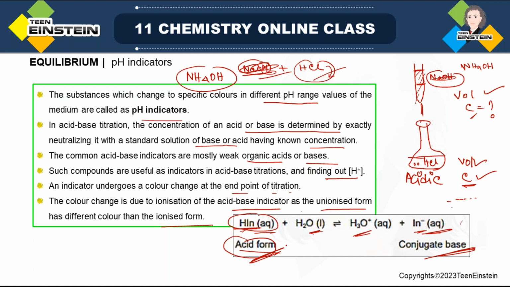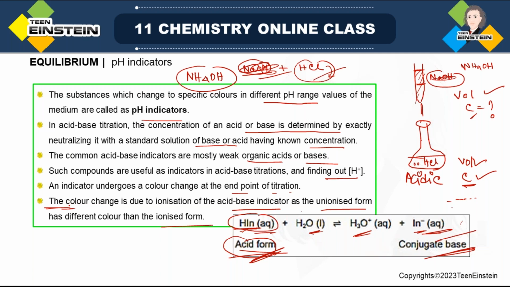Another way to say it is that HIn form has one color, In minus form has another color, and that is mentioned here. Because of this particular property of these species, which we call pH indicators, we can use them as indicators in acid-base titration.